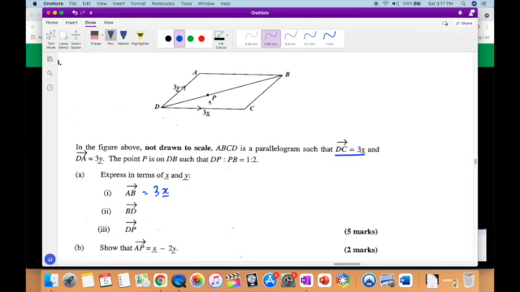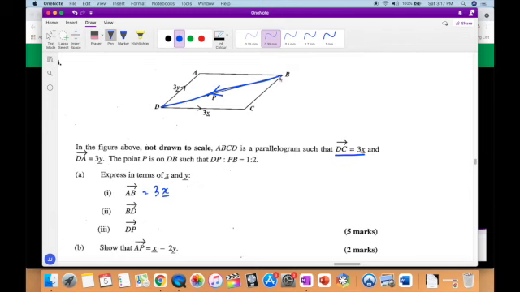The vector BD. Now this is confusing to me. Do they mean DB? Because DB is the resultant. But no, they don't want DB, they want BD. Right? BD.